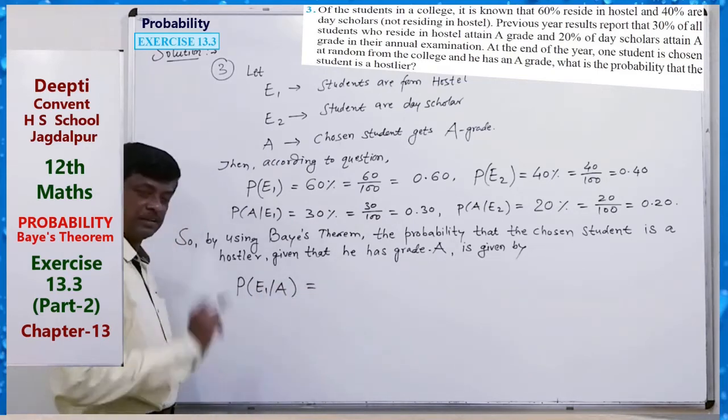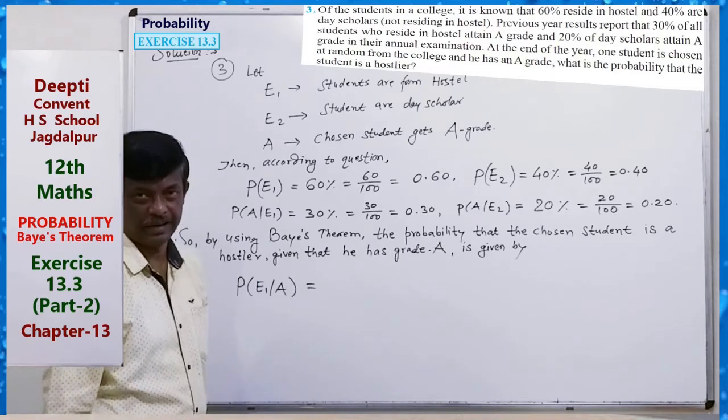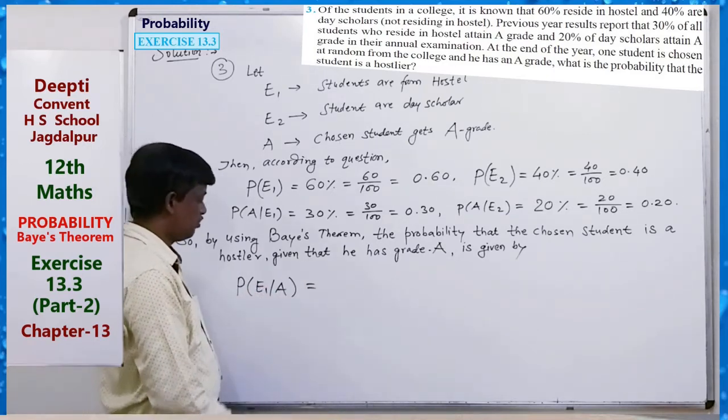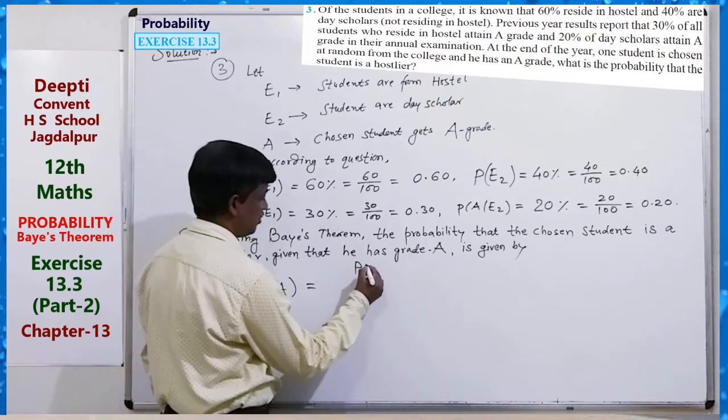A means with grade A, E1 means from hostel. So this is from Bayes theorem, just the same formula.